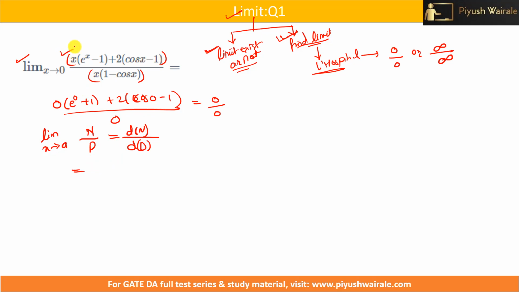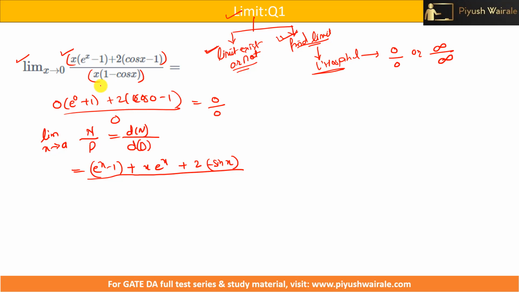Now just take the derivative. You should know how to find the derivative of a given function. In this case, you can see u and v, so we apply the uv rule. Derivative of the first function x is 1 into e to the power x, plus x into e to the power x, plus twice of the derivative of cos, that is minus sin x.